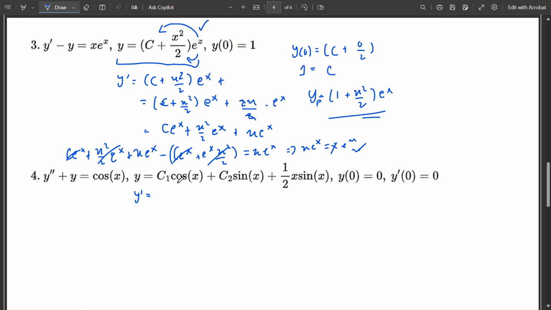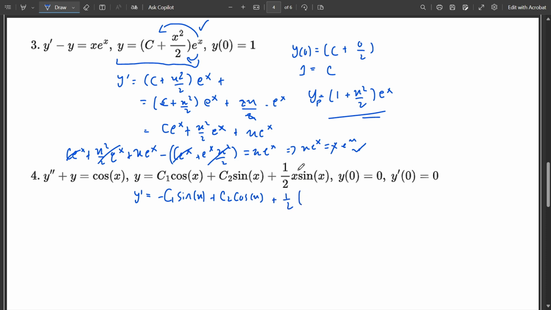What's the derivative of cosine? The derivative of cosine is just negative sine, so negative c1 sine of x, and plus c2 times the derivative of sine x, which is cosine x. So c2 cosine of x plus a half.